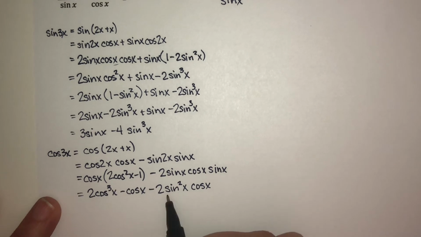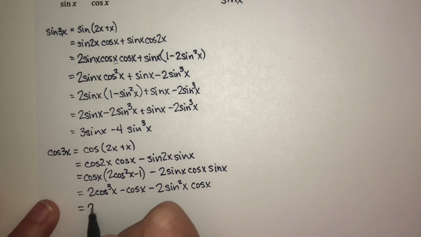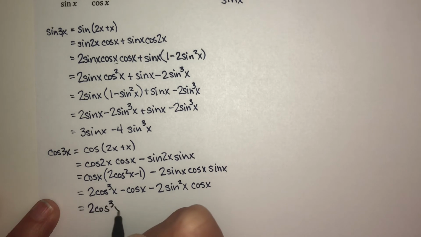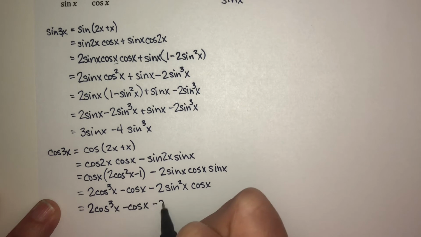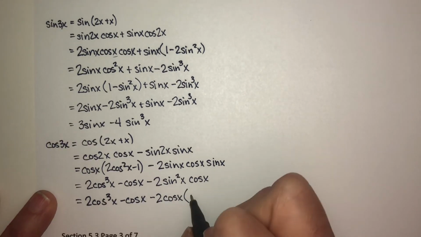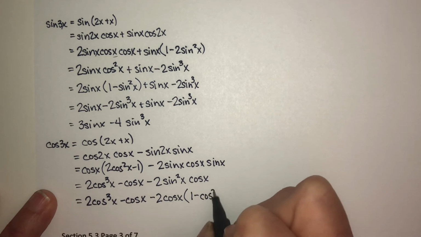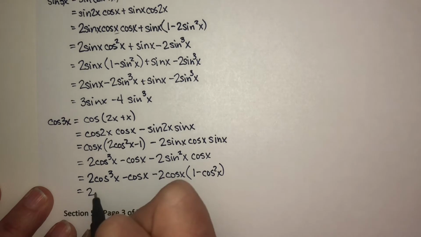Now I'm going to use the Pythagorean identity here so that I can have everything in terms of cosines. Minus 2 cosine x times, instead of sine squared, 1 minus cosine squared of x. Distribute.